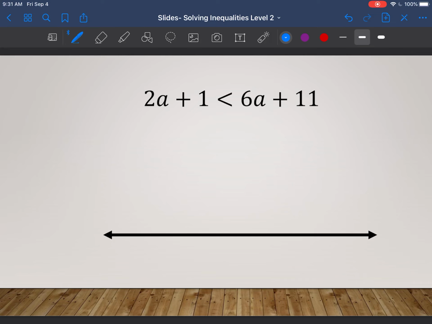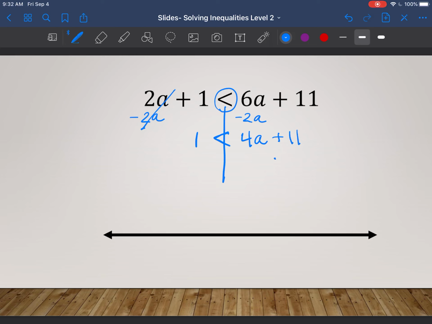Here we've got variables on both sides, but we still treat it just like we treat equations. We're going to keep track of this inequality the whole way. There's nothing to simplify, so we're ready to get all of our a's on one side. I am going to take away 2a from both sides, leaving me with a 1 on the left and a 4a plus 11 on the right.